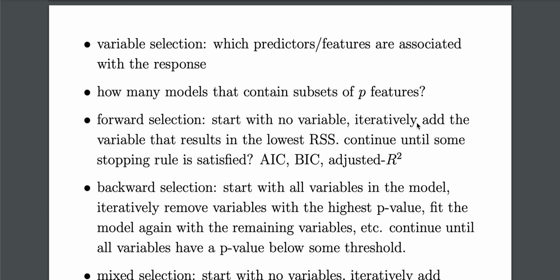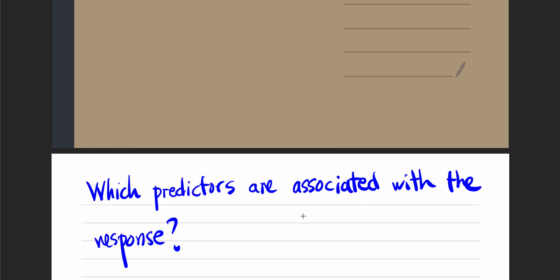The question is, when we have many predictors and we'd like to know which of these predictors or features are associated with the response. Which predictors are associated with the response?